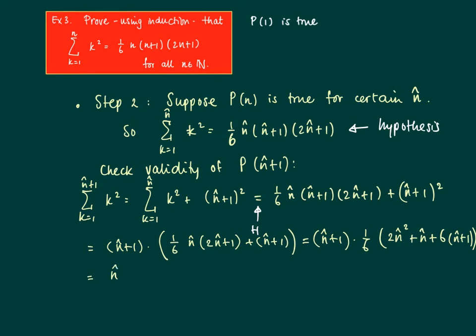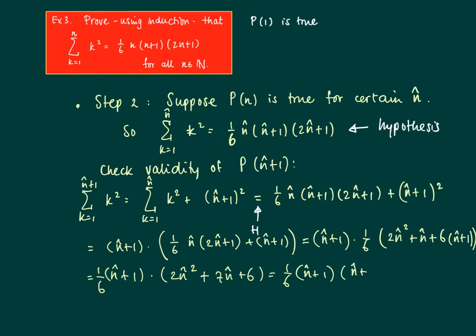We can even simplify this more: (n hat + 1) times 1/6 times (2n hat squared + 7n hat + 6). And this quadratic term allows for factorization.